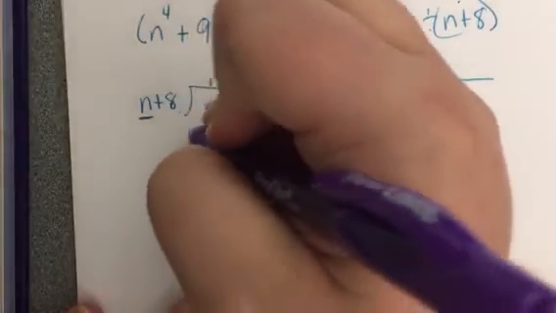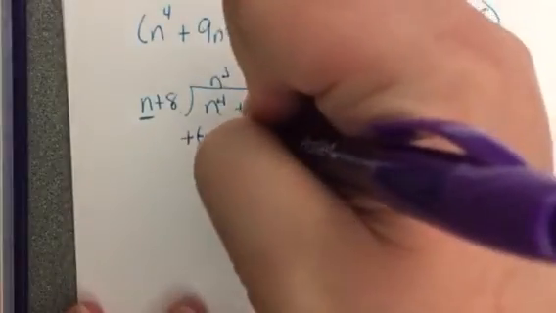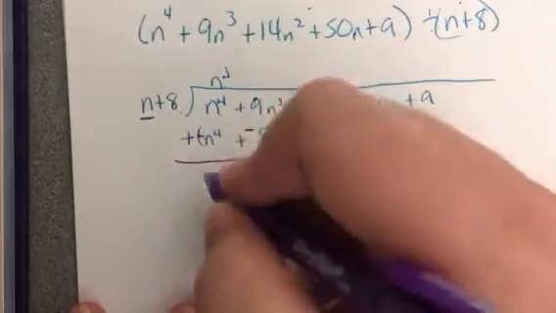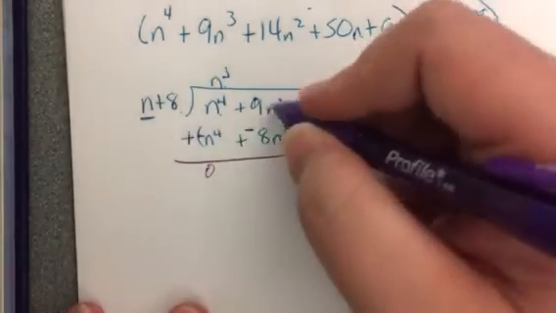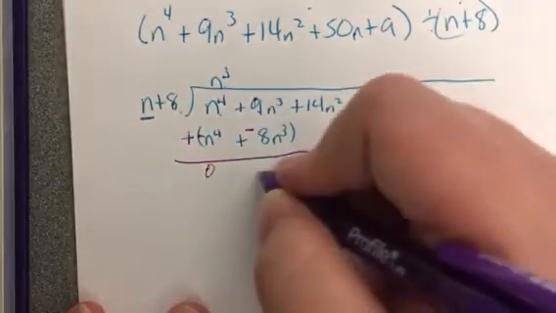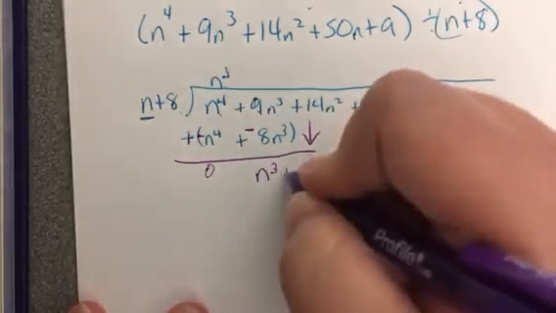Subtract. Again, I like to change the signs. n to the fourth plus negative n to the fourth is 0. 9n to the third plus negative 8n to the third gives us 1n to the third. Bring down our next term.